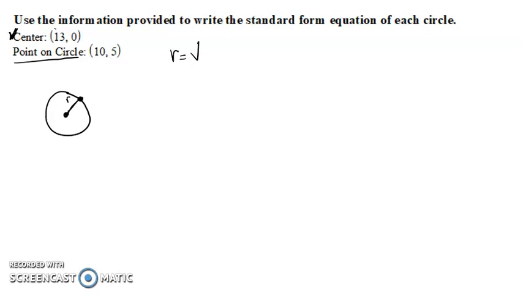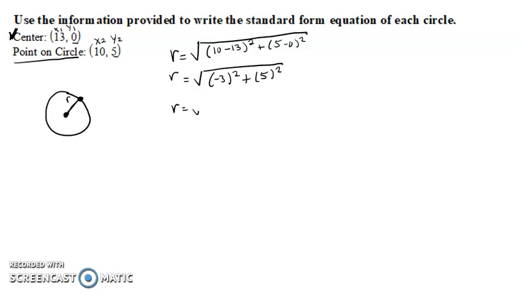So this is x1 and y1. This is x2, y2. And so I'm going to have 10 minus 13 squared plus 5 minus 0 squared. Okay? And so I'm going to have negative 3 squared plus 5 squared.